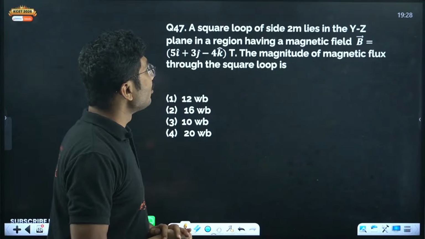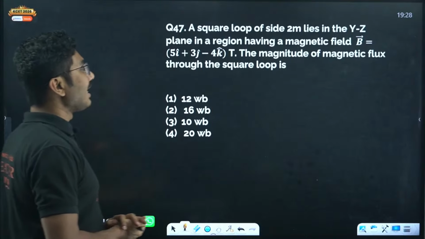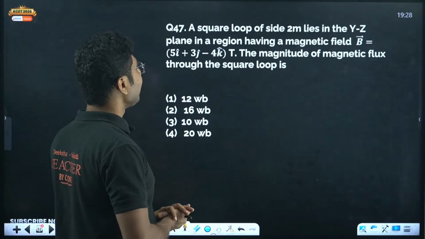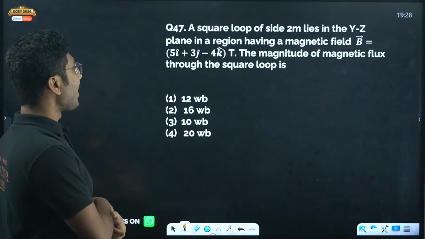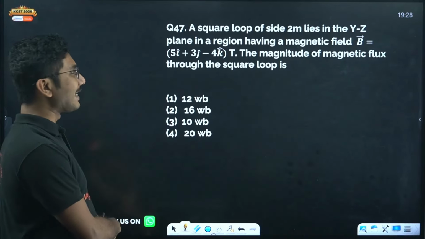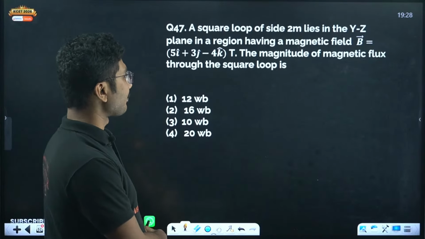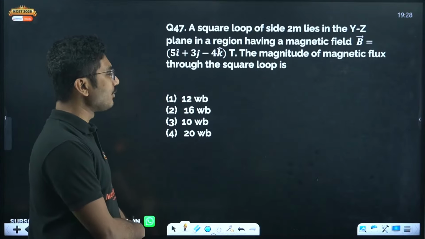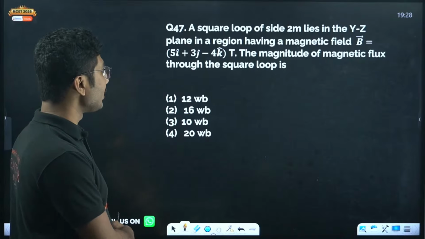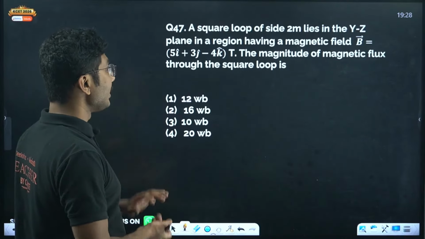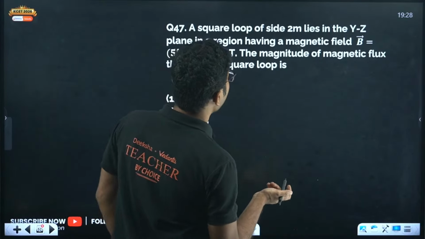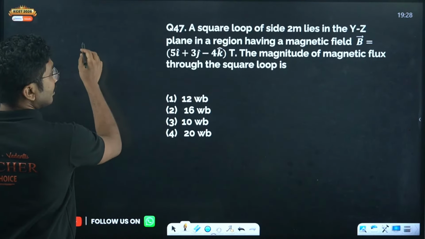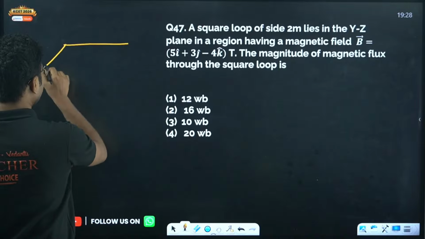A square loop of side 2 meter lies in the YZ plane in a region having magnetic field B equals 5 i cap plus 3 j cap minus 4 k cap Tesla. The magnitude of magnetic flux through the square loop is? So here the loop is in the YZ plane.